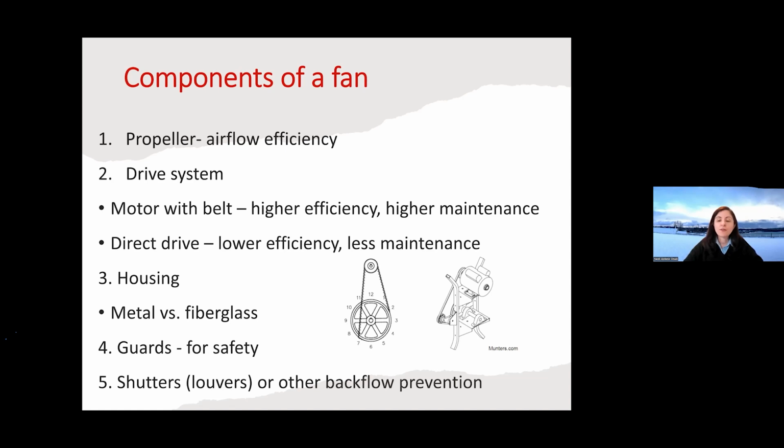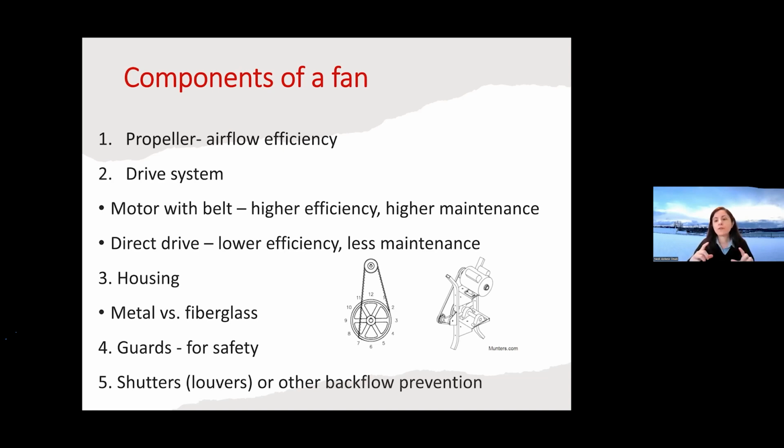And then it can be a direct drive. Some of the fans are direct drive, actually most of them are, but we have a lower efficiency since there is no belt system there. But since there is no belt, it requires less maintenance. Housing of the fan can be metal or fiberglass or something like durable plastic, since there is humidity inside livestock buildings, and there are some gases, and some of these gases are very corrosive.